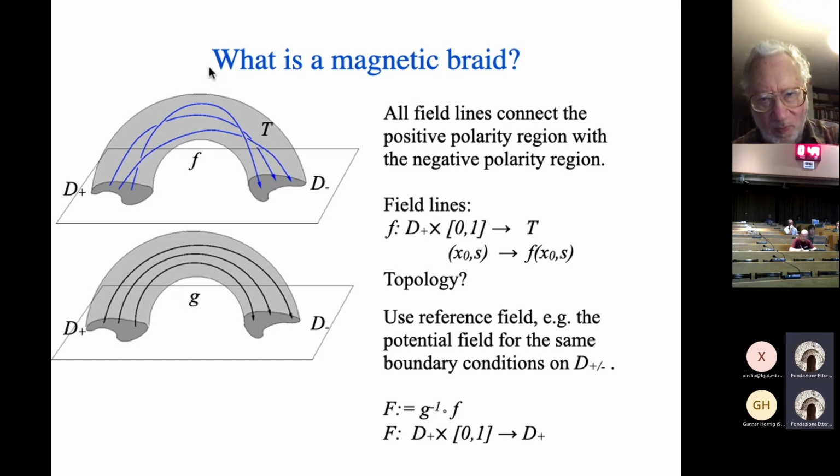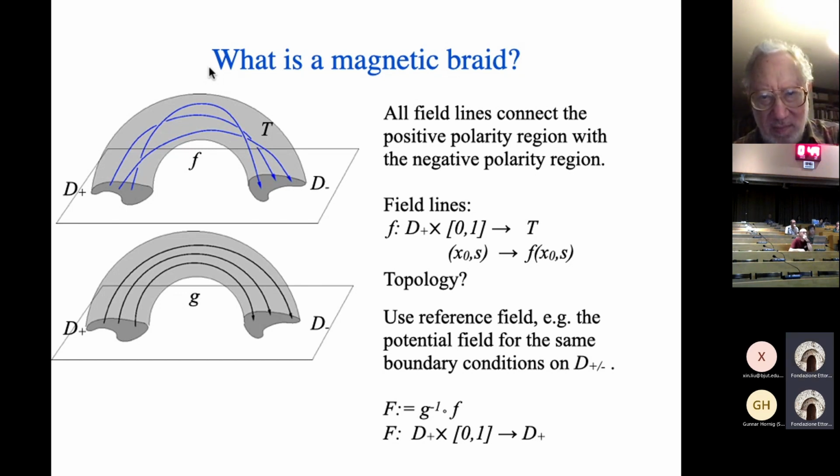And the second property, which is important, is that it's the lowest energy state which the magnetic field can take on in that domain. And so that makes it, from the physical point of view, also a natural choice. So often we will refer to this reference field as the potential field, but there's no principal reason why we couldn't choose any other field if we wanted to.